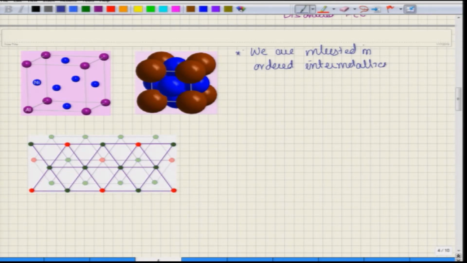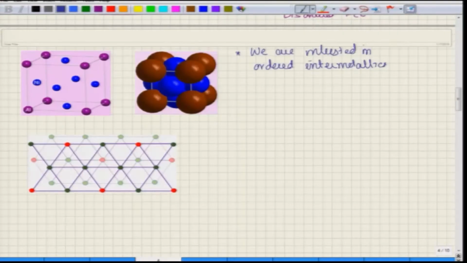Shouldn't dislocation just be treated as dislocation? Well, the purpose of studying dislocations has always been that they describe or define some of the properties. Here we will see one such phenomenon which is of great importance to engineering. For that reason we are interested in ordered intermetallic systems.